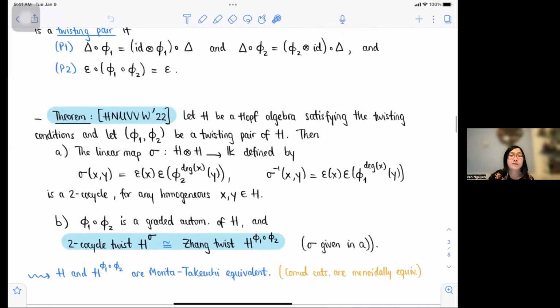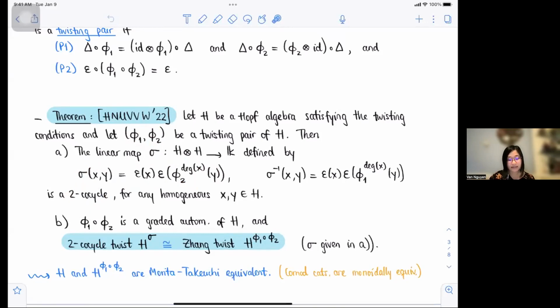If we have a Hopf algebra that satisfies the twisting condition, this guarantees that the Zhang twist of H is again a Hopf algebra. Then if I let phi1, phi2 be a twisting pair, for the first result, we can describe explicitly a linear map sigma from H tensor H to K that has this kind of formula, and we can prove that it satisfies the conditions to be a 2-cocycle on H.